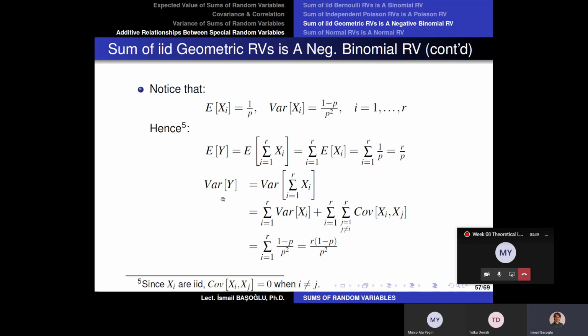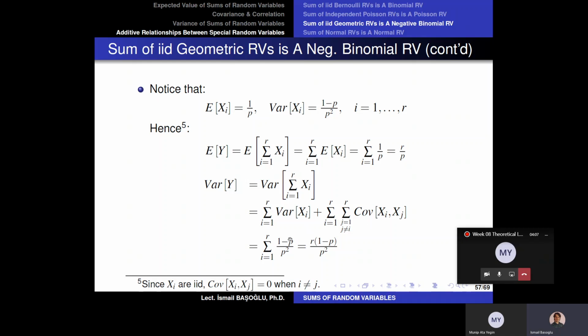And similarly, the variance of Y, the negative binomial random variable, will be the variance of the sum of these IID geometric random variables. And that is going to be equal to the sum of individual variances plus all pairwise combinations of covariances, so both in the upper triangular and the lower triangular part of the covariance matrix.